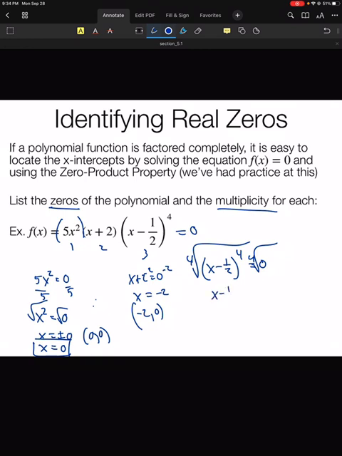So what I get is that x minus 1/2 is equal to 0. Still, you could say plus or minus, but it's the same thing. And thus x equals 1/2, and so the point is 1/2, 0.